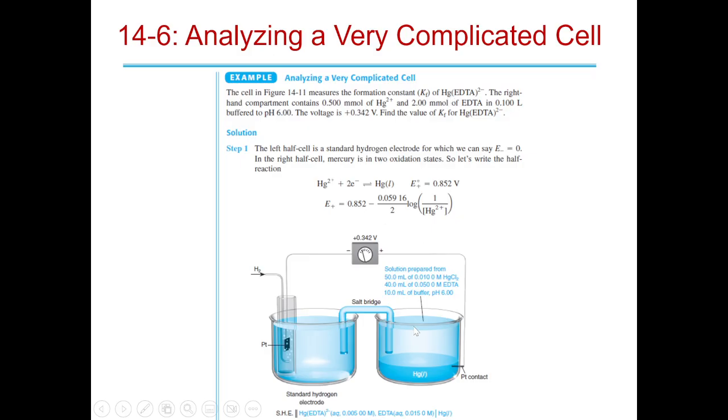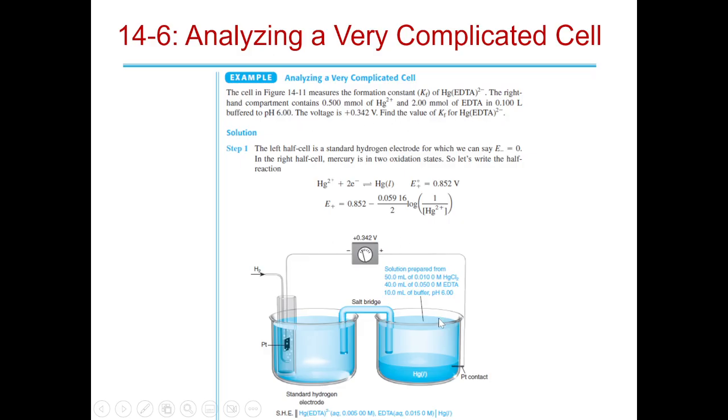The right-hand compartment contains 0.5 millimole of mercury 2+, 2 millimole of EDTA, and it's in 0.1 liter buffered to pH 6. And so this is the condition of that cell right there, if you're curious. Notice that this is the volumes with the concentrations. Okay? All right. So that would give you these values.